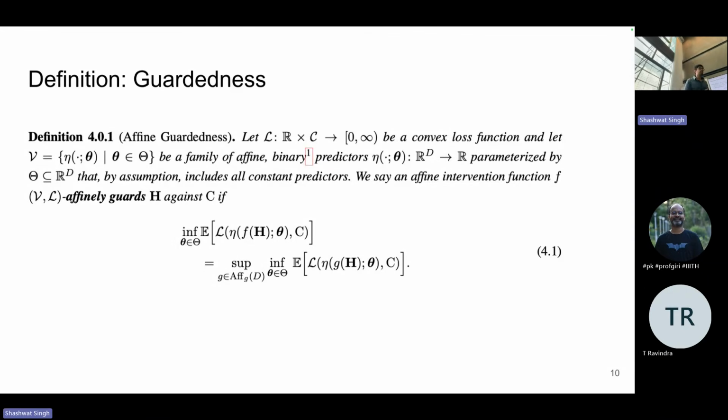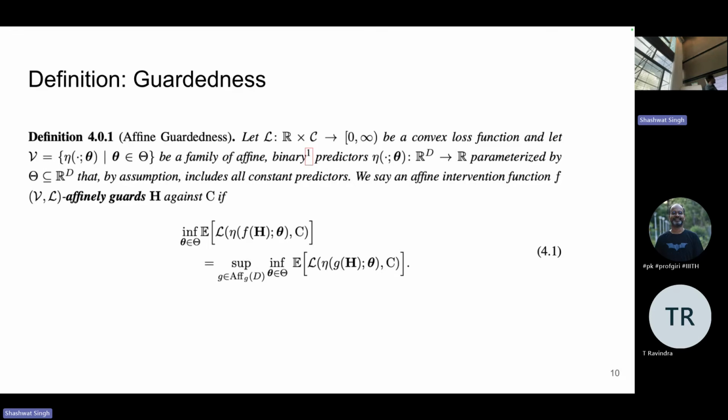So f is your guarding function? Yes, f is the guarding function. And g is? g is all possible affine functions. So f is the function that gives us the supremum over g, by maximizing the loss. So h is your LLM features? Yes. f is your guarding feature. g is affine versions of f, all possible affine parameterizations of f.